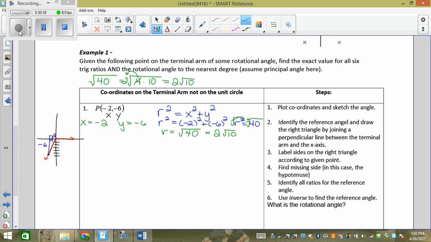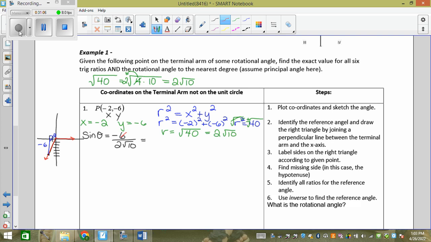So let's start with sine first. Sine your resume, right? If it's sine your resume, it's going to be what over what? -6 over the hypotenuse. Yeah, negative 6 over 2 root 10, over the radius. Now, if we can reduce, we do. We can take a 2 out of both.